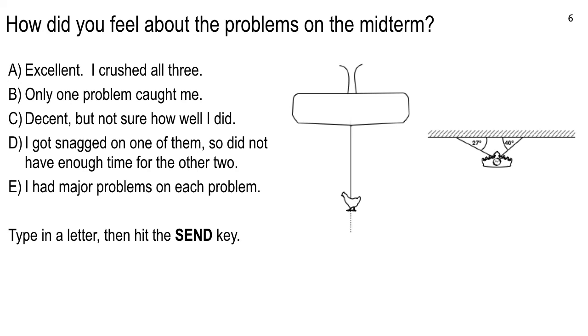And hey, you guys, that's normal to not be sure how well you did, especially on any exam. Sometimes you feel, oh man, I totally blew it, and you end up with a decent grade. Sometimes, oh yeah, I think I did it all right, and you end up getting crushed instead of crushing the exam. So it's hard to predict. D and E are both fairly small groups, 5% of the class together.